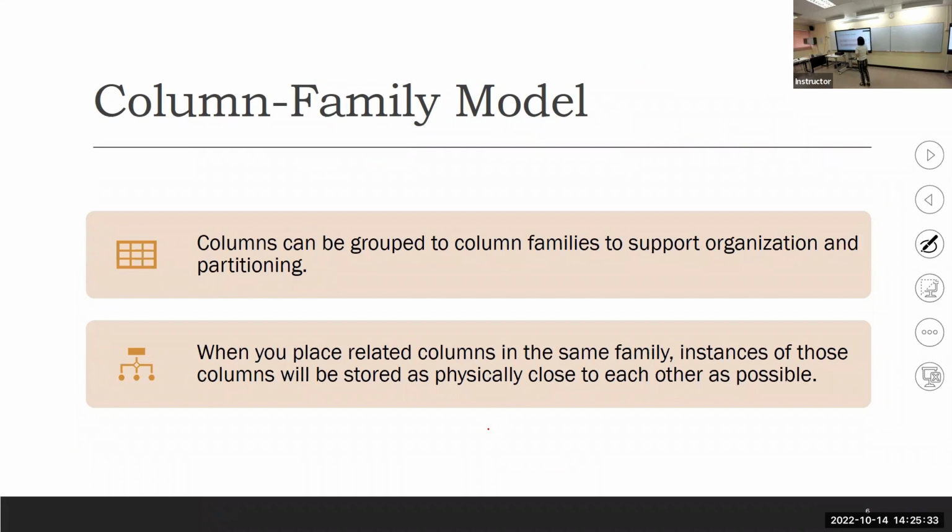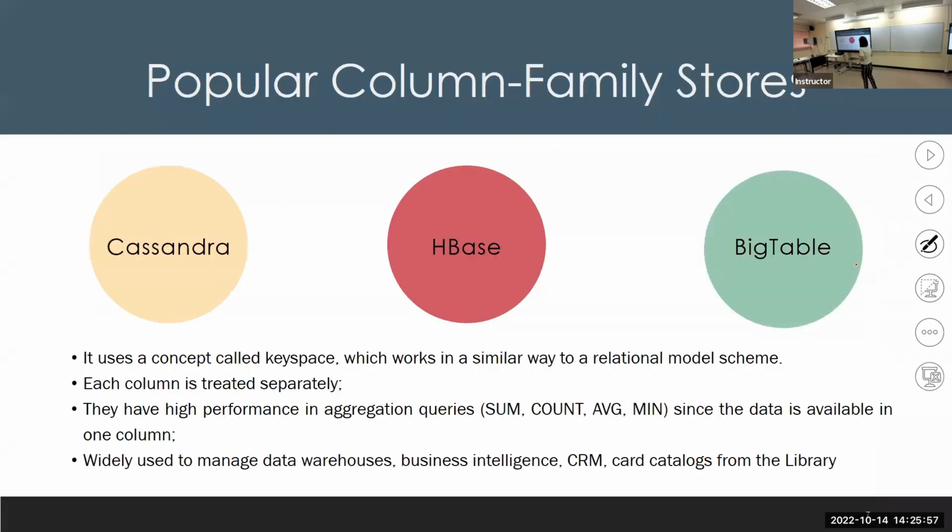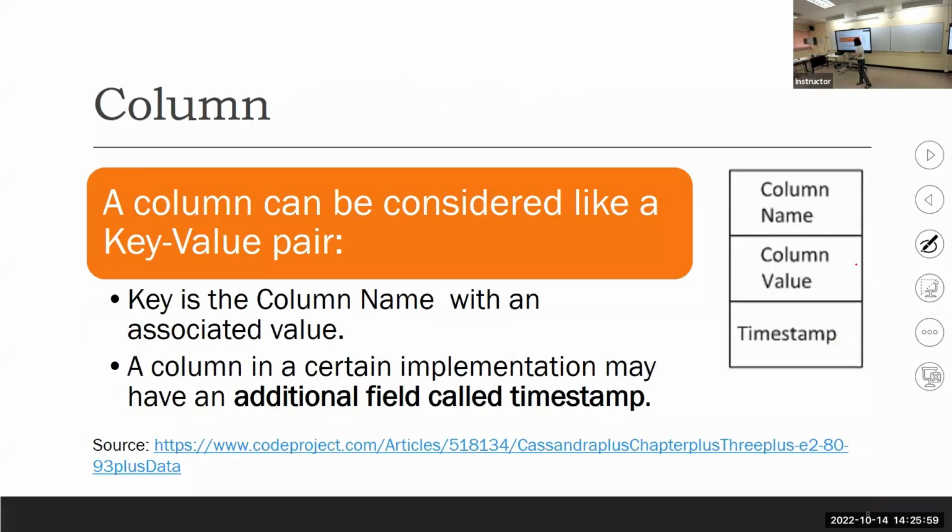So with the column family model, columns can be grouped into a so-called column family. And of course, this can help support organization and partitioning of data in a column structure. And as we already mentioned, each column is considered as a pair of key and value.